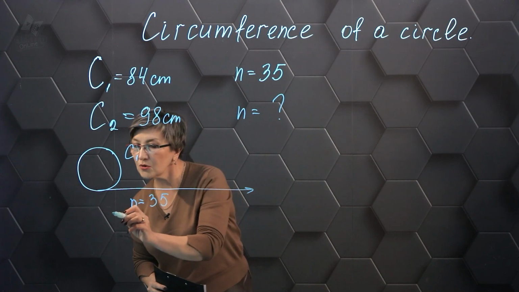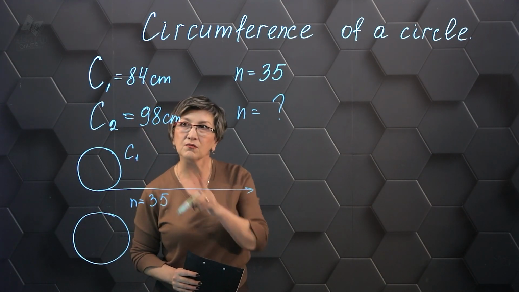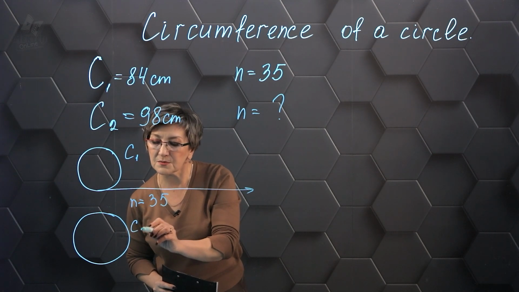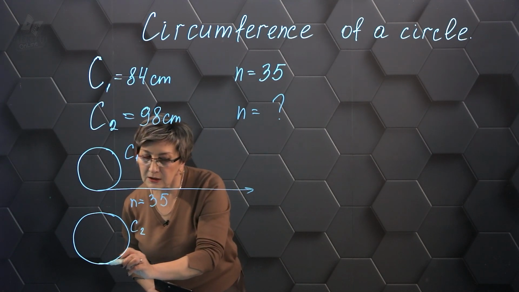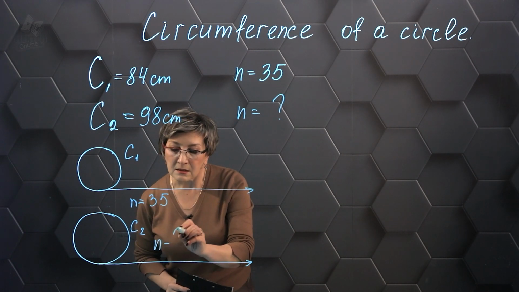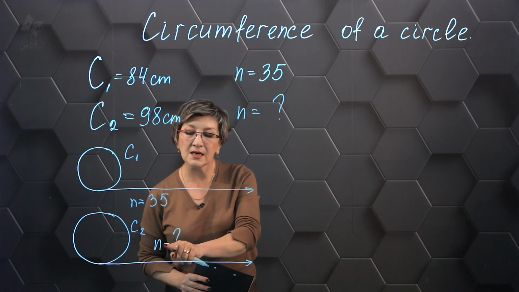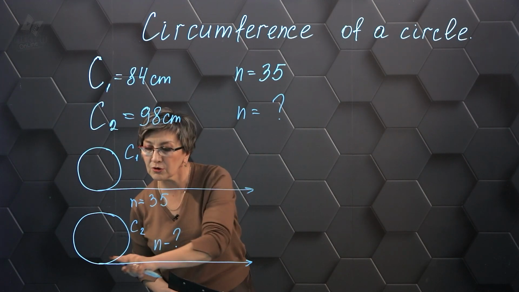And the other wheel, which has a circumference length of 98 centimeters, let's write C2, traveled the same distance. We need to determine the number of revolutions that the second wheel made.